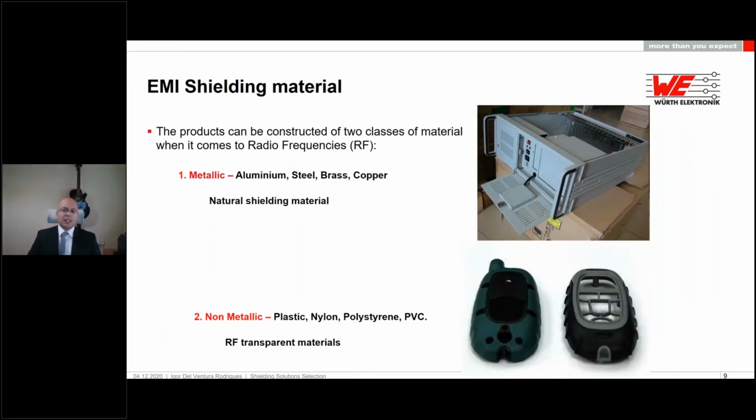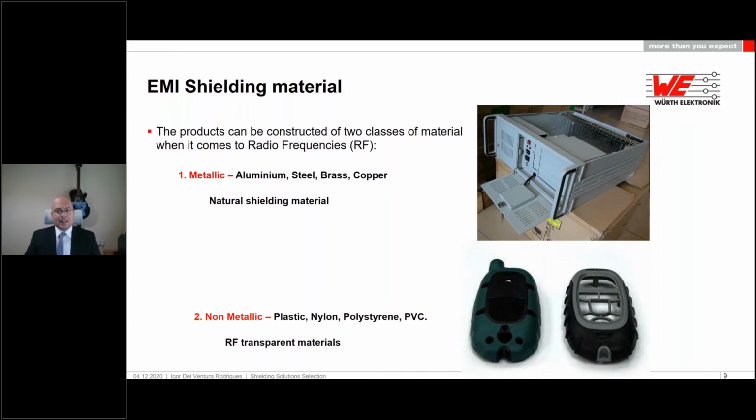And talking about in or out of your device, most of the circuitry will be within an enclosure. This enclosure can be, and normally will be, either metallic, so conductive, or non-metallic, non-conductive.